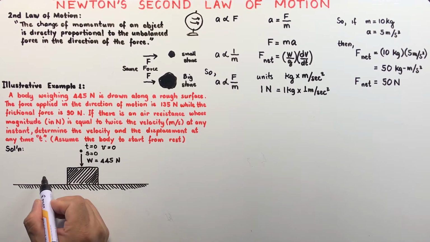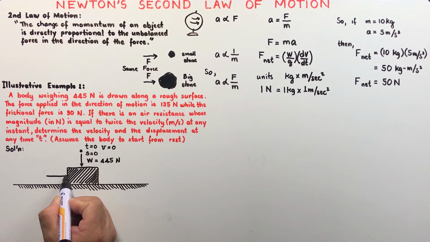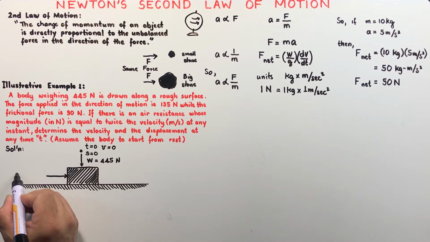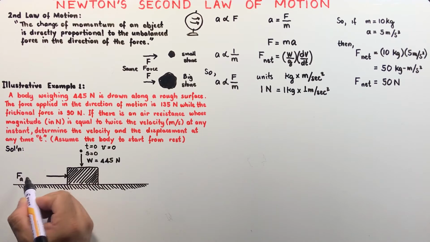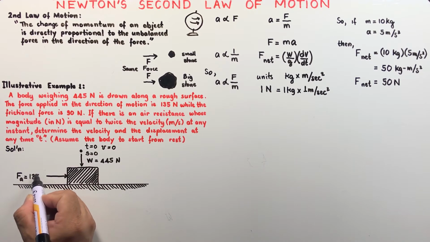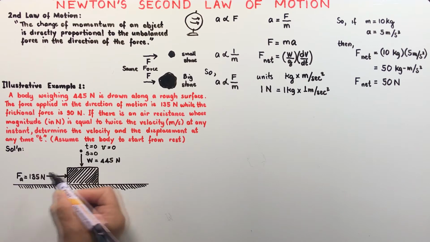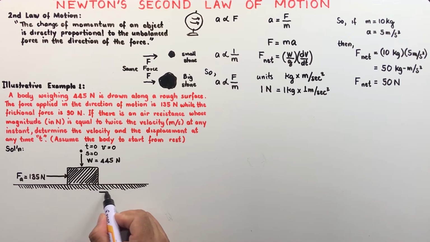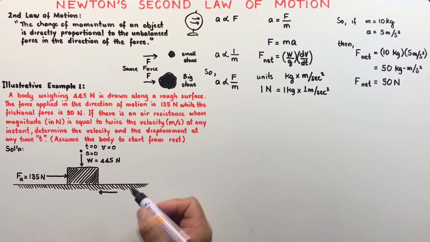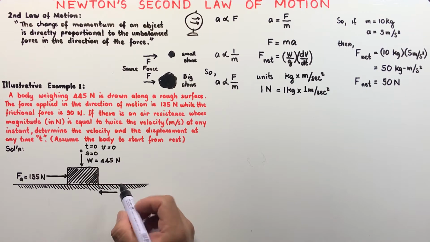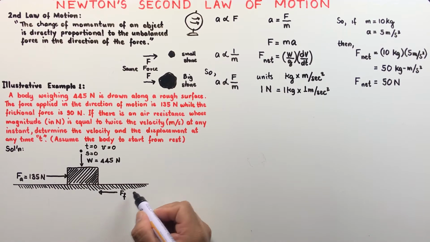But there is an amount of force applied to this object. So the force applied is equal to 135 newtons. But the surface gives a frictional force against the force applied, a frictional force of 90 newtons.